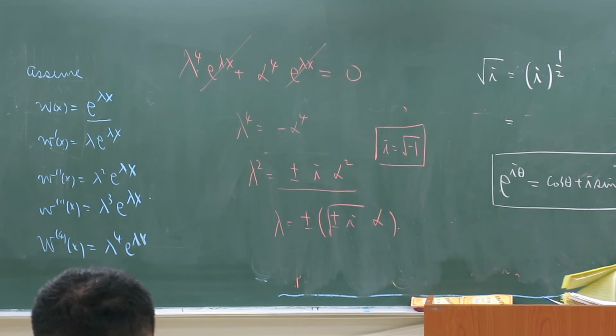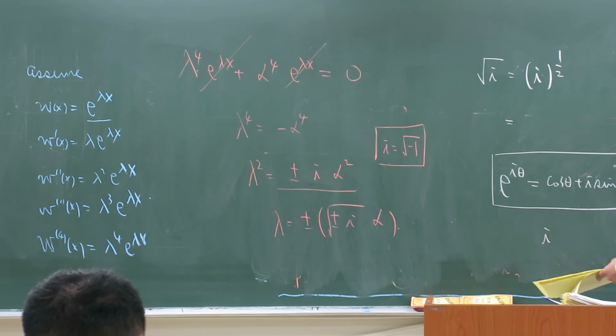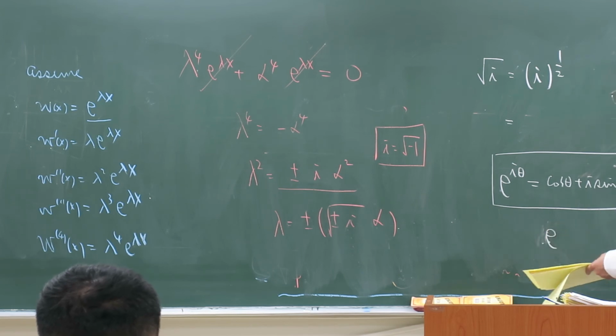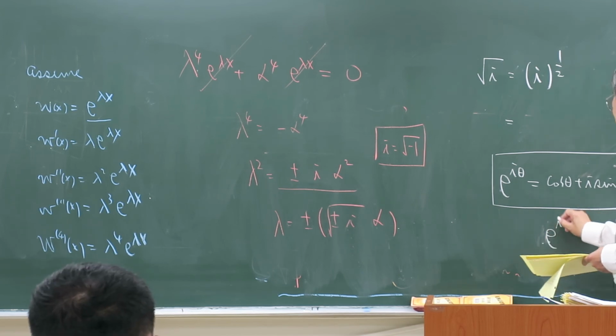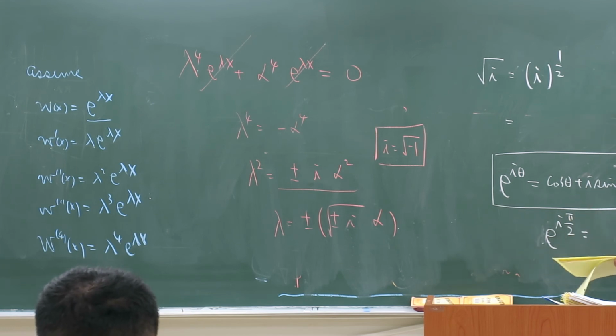So i is equal to, okay, e to the i half pi equal to what? Equal to cosine half pi plus i sine half pi.